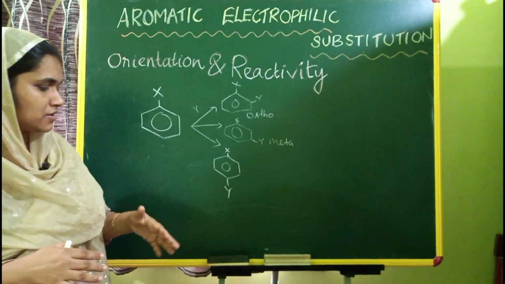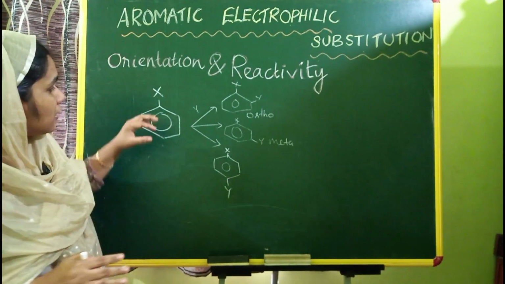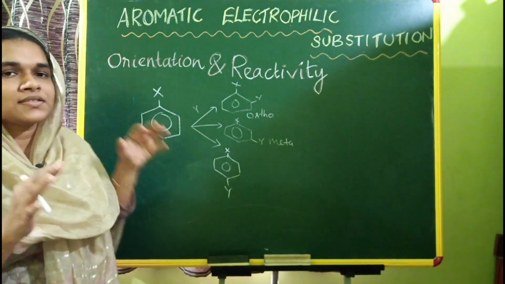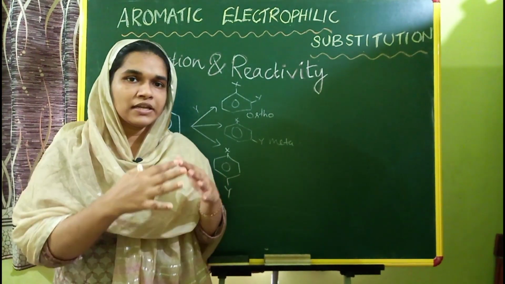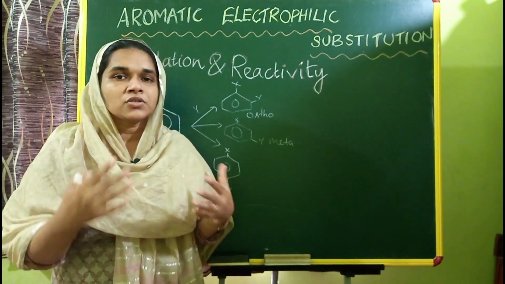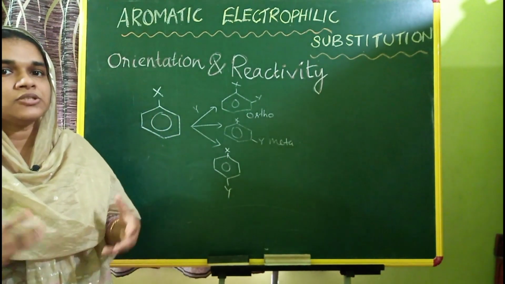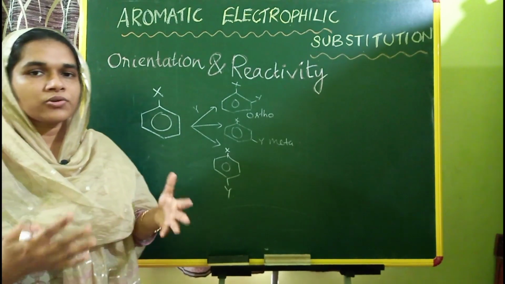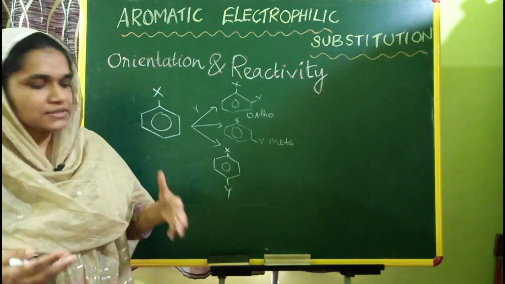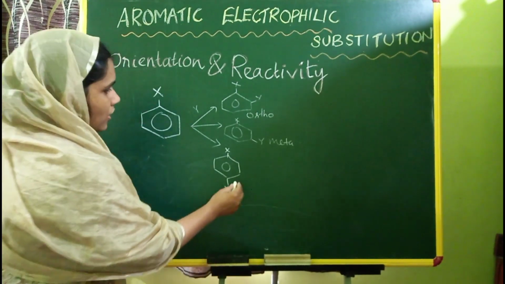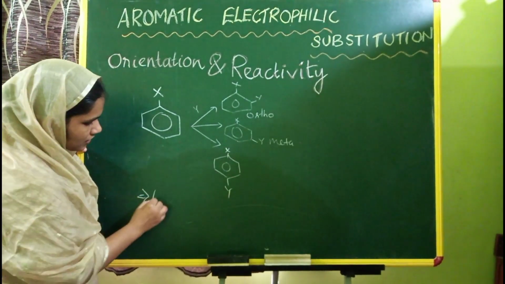Activating means the existing group increases the electron density of the pi electron cloud of benzene, so that the possibility of attack by the electrophile increases, and so the reactivity increases. Such groups are called activating groups.